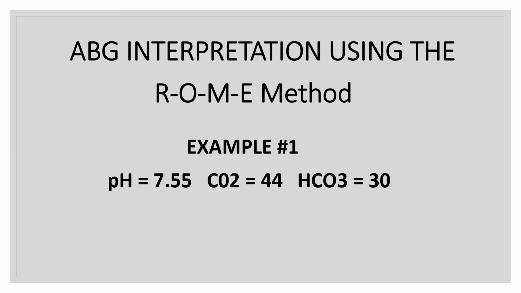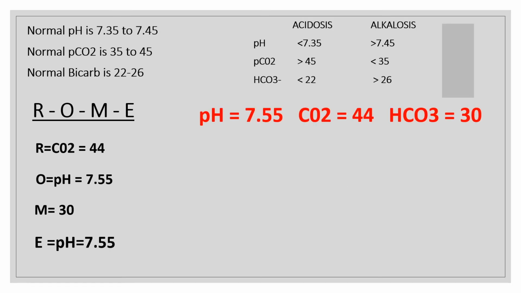Example 1. We have a pH of 7.55, a CO2 of 44, and an HCO3 of 30. So in our example, the pH is 7.55, the CO2 is 44, and the HCO3 is 30. So the respiratory, or the CO2, is going to be normal.